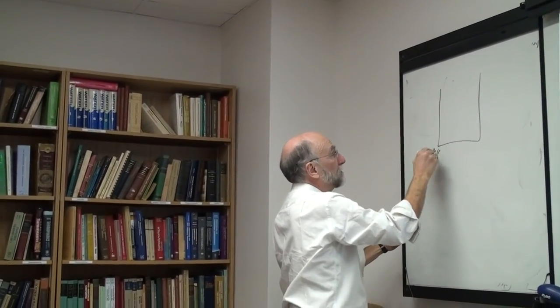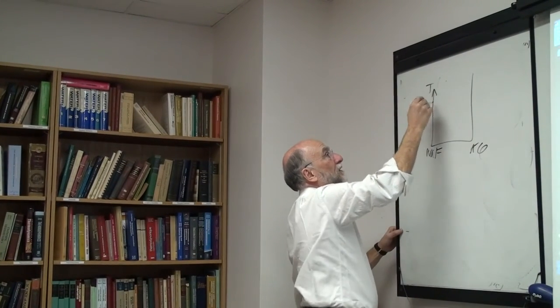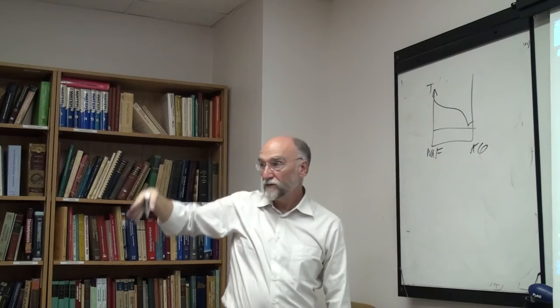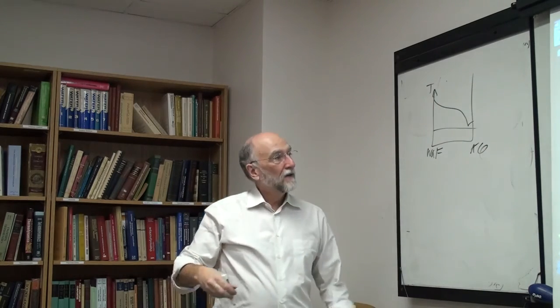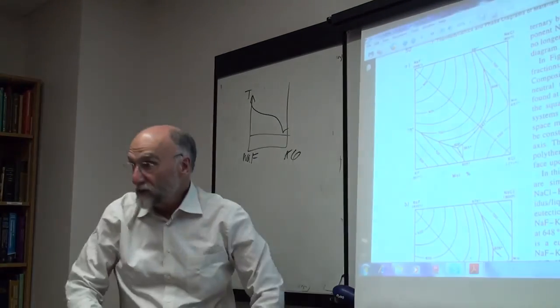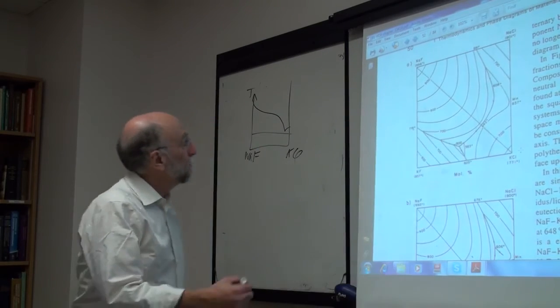I'm going from NaF to KCl versus temperature. You're going to get a curve that looks a lot like that. This S-shaped curve is strong positive deviations. If you go along the other diagonal, well, you cut different regions here, but the diagonal drops down quite rapidly. This positive deviations is the stable diagonal.